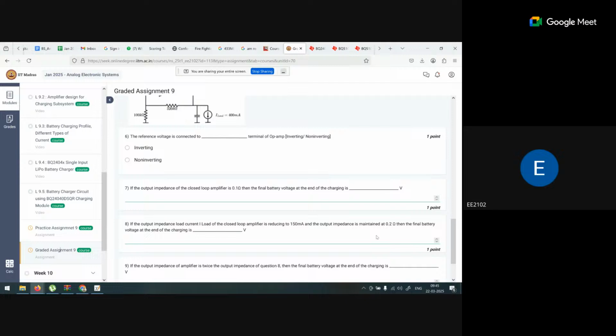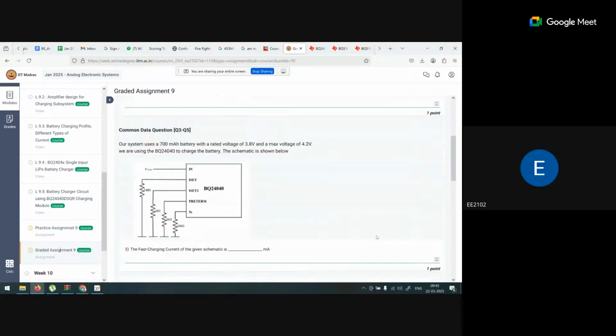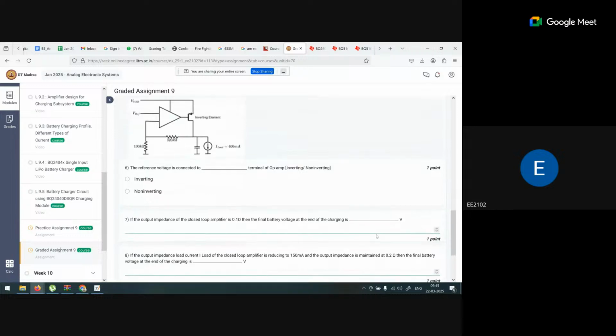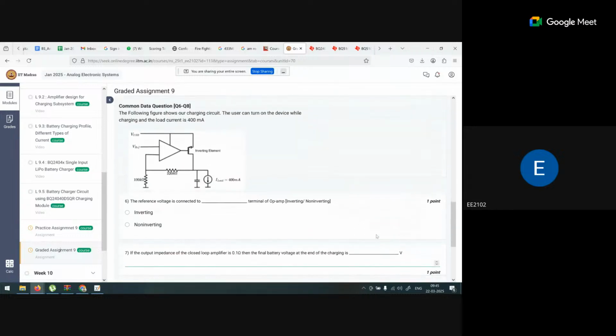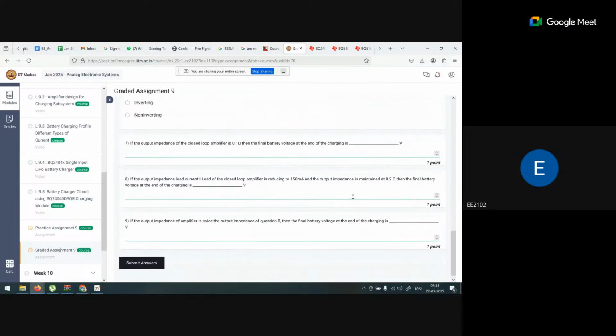Now if we subtract this output voltage from the main voltage, which is 4.2 volts, you can find the final battery voltage at the end of the charge.